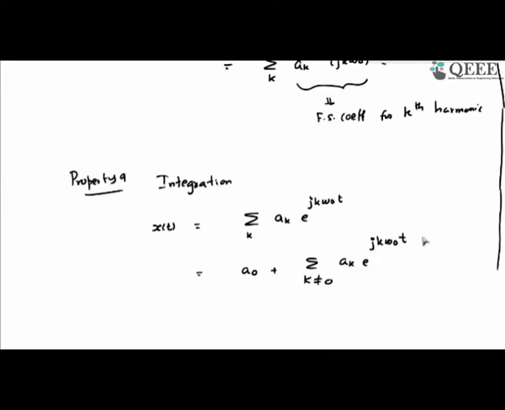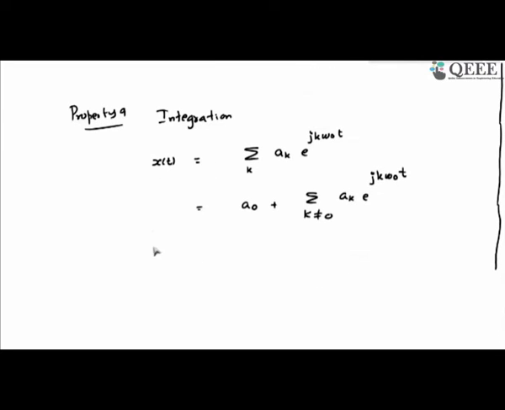Now if I do the integration, suppose I define this integral. Let y of t be the integral from minus infinity to t of x of tau d tau.